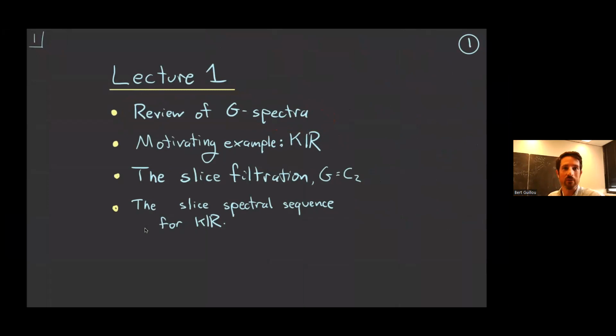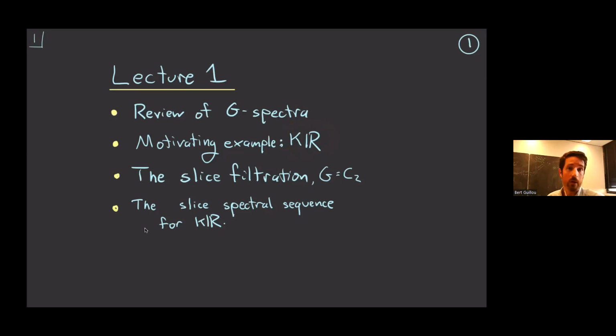I'm not assuming everyone's an expert in all things equivariantly stable, so we'll start with a discussion of that. Then we'll turn to KR, which is a motivating example for the slice filtration. In fact, Dan Dugger was grappling with this and came up with the slice filtration in his thesis work.